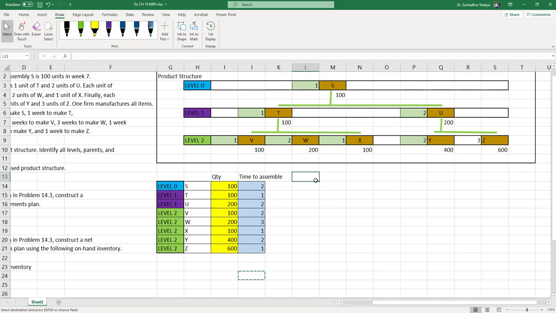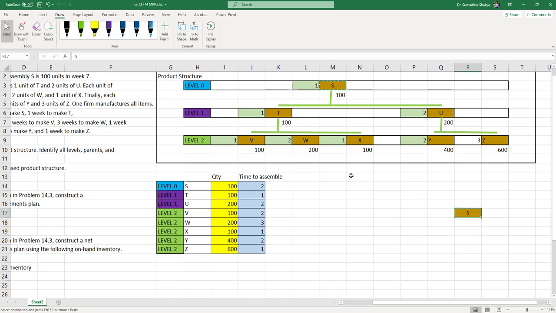So if you remember the project management chapter, we will bring back the same concepts, such that we will start, let's say, if we were to represent 1 week as one cell here.